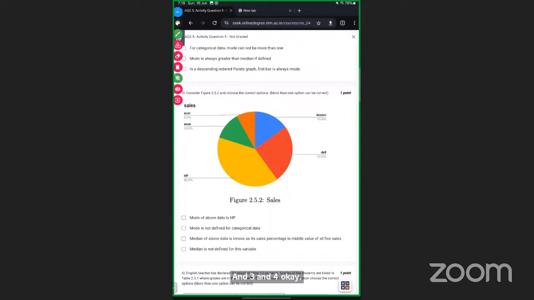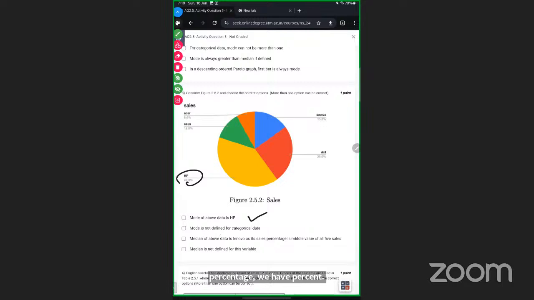Consider this pie chart. Mode of output data is HP. Mode is the highest count, right? So it is true. Even though we don't have percentage, we have percentage outside 40%, which is true.